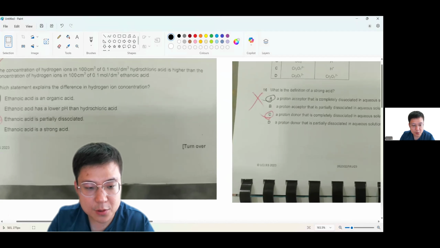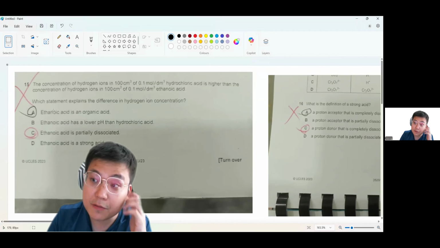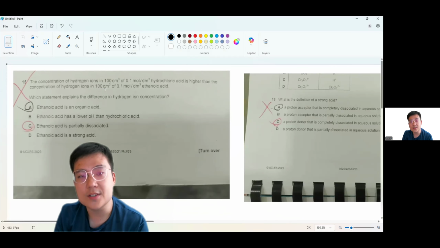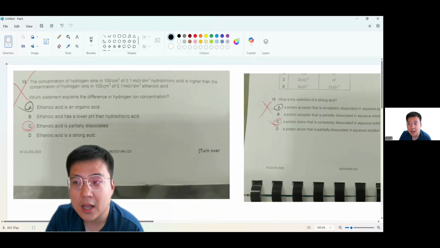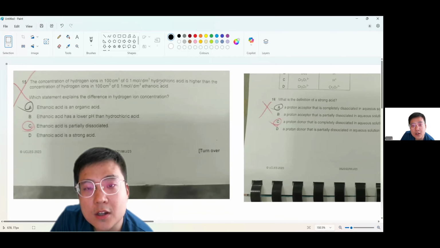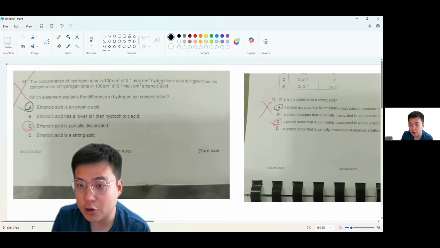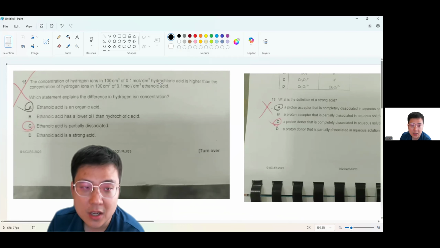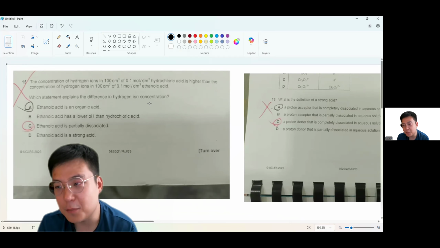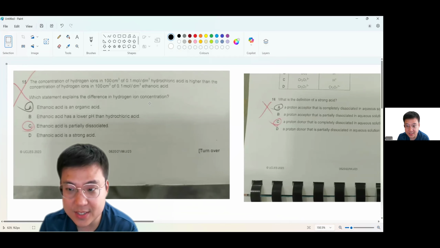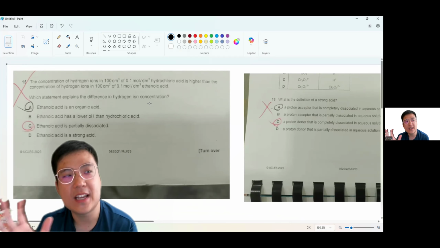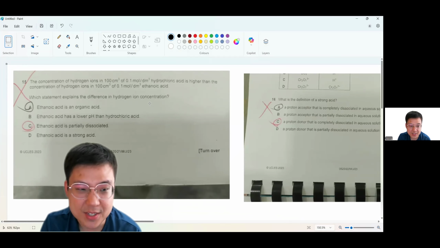This first question here, which is question 15, is asking about the concentration of hydrogen ions in hydrochloric acid and the hydrogen ion concentration in ethanoic acid. So the common terms here are acid and hydrogen. Basically it's asking about whether they are a strong or a weak acid.